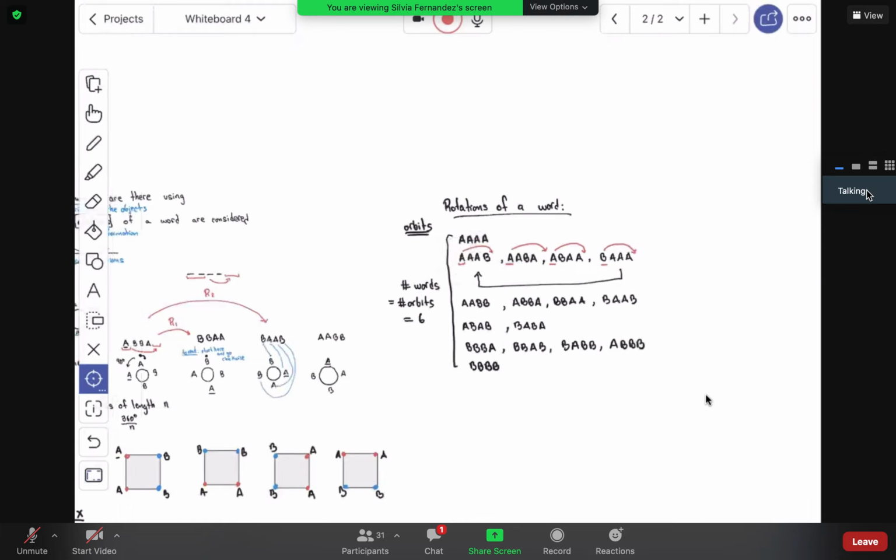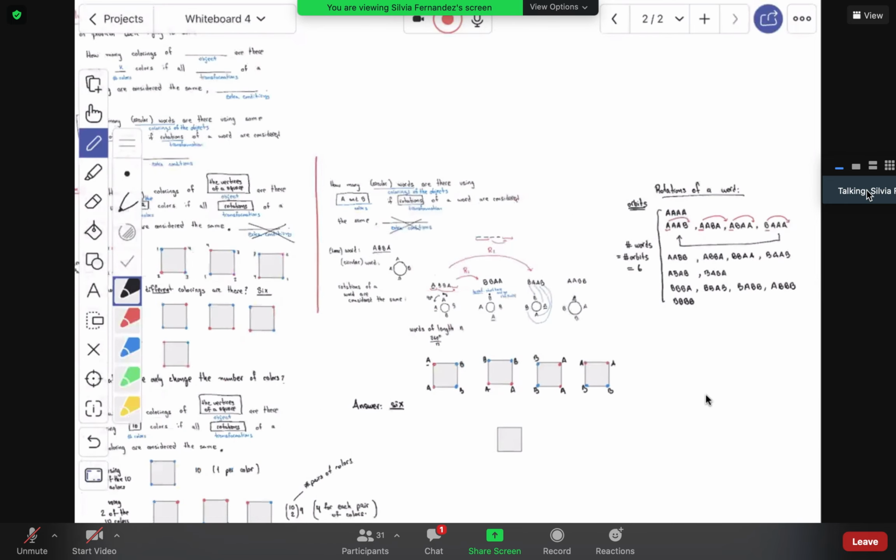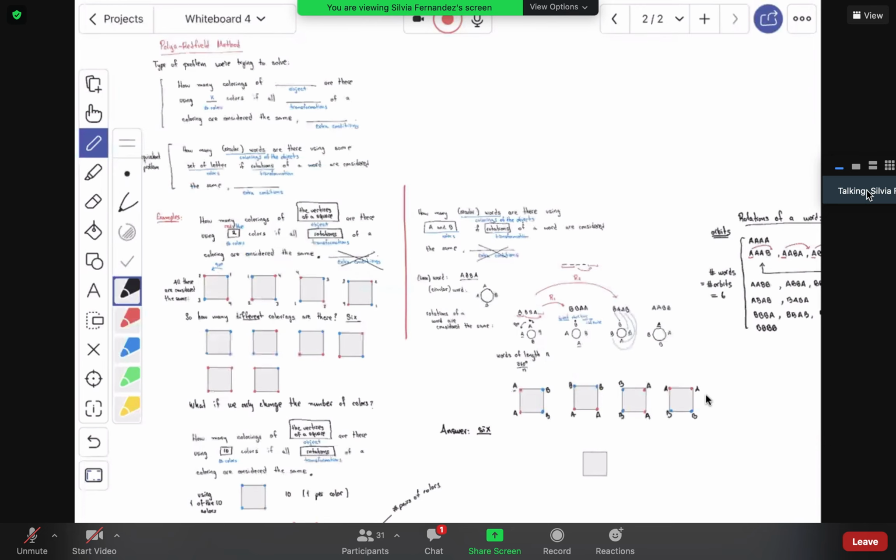If I want to find all of the words whose orbit has length 4, or all the words whose orbit has length 2, there are some things that I can do. I can find what is called a pattern, the pattern for my transformations. Before I go into that, let me ask if there are any questions so far.